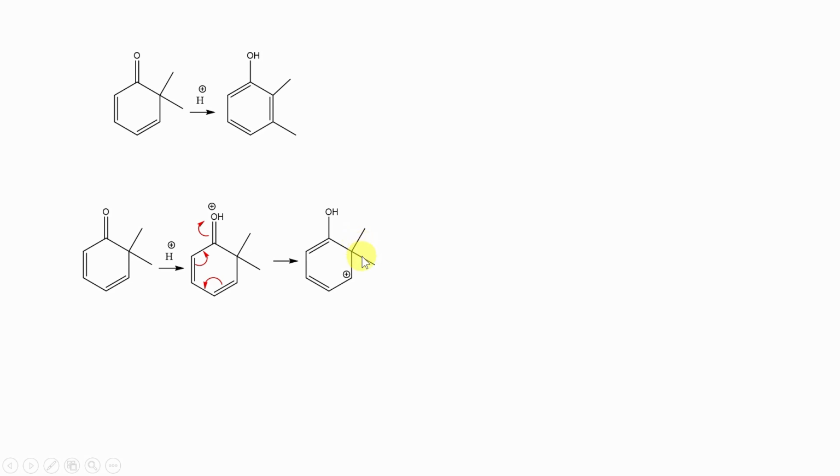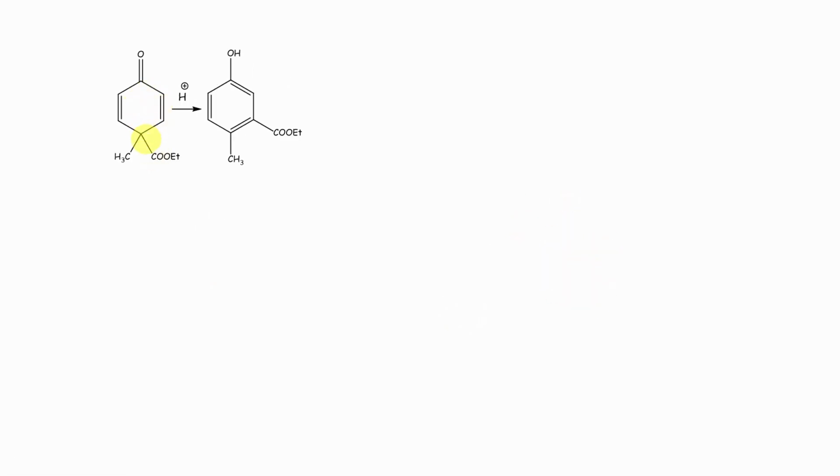One of the alkyl groups shifts towards this carbon atom, and hence we can say a 1,2 alkyl shift takes place to form this carbocation. It is a tertiary carbocation, you know. It is a secondary carbocation, but this is the more stable tertiary carbocation. Then a proton is eliminated, thereby forming the final product, the phenol.